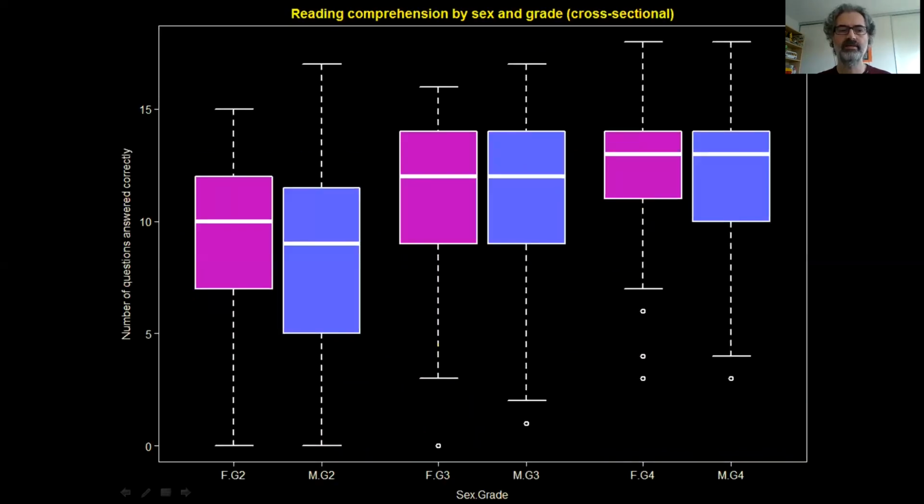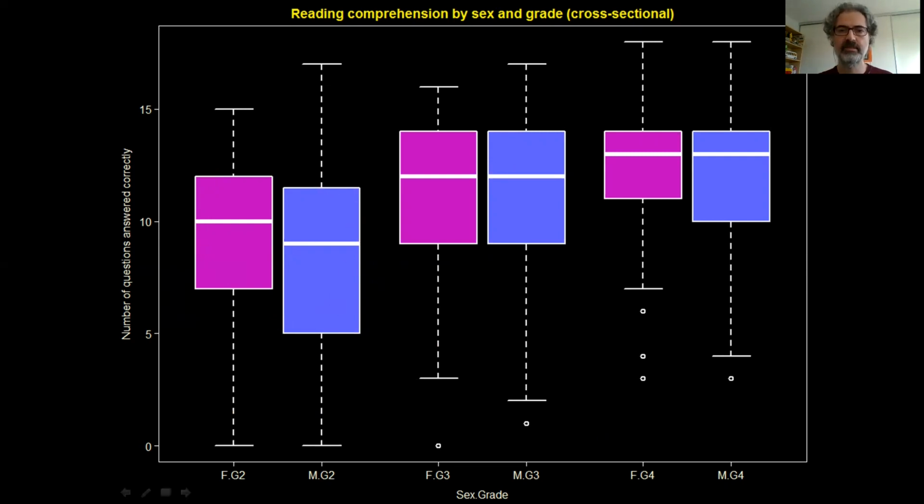Remember, this is our display of the data, and here it looks like there might be a difference between sexes in grade 2, probably almost certainly no difference in the other grades. If that were statistically significant, then that would amount to a statistically significant interaction.